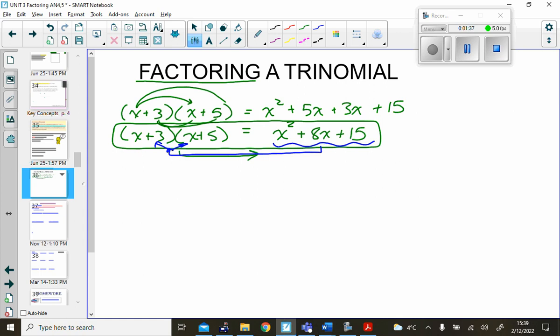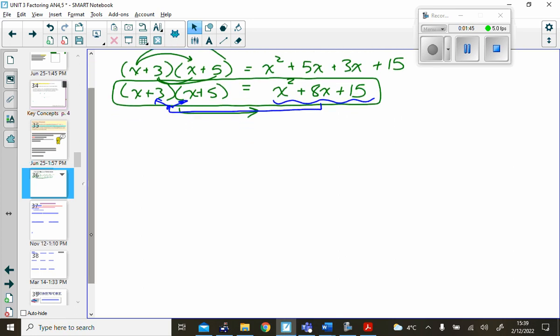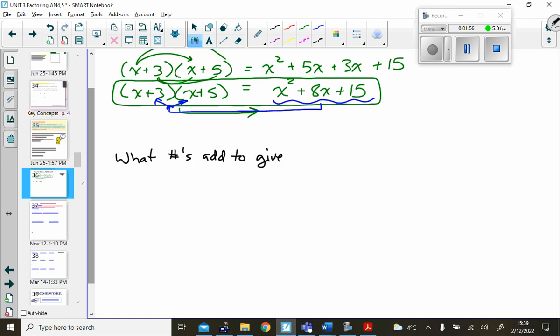We're going to set up the what adds to give and what multiplies to give game first so that you get that skill. So I'll ask you what numbers add to give one thing and multiply to give another one.